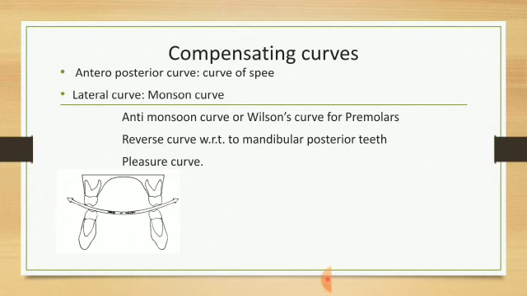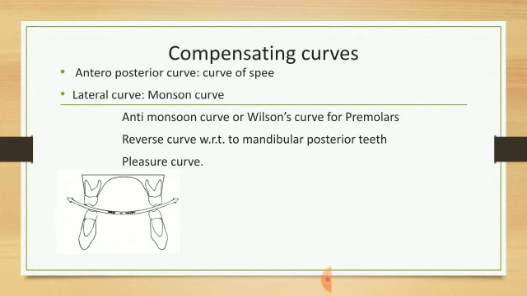Next we have compensating curves. Among that we have the anteroposterior curve, that is the curve of Spee, and lateral curves. Among lateral curves we have the Monson curve, anti-Monson curve or Wilson's curve, the reverse curve with respect to mandibular posterior teeth, and lastly the pleasure curve. So Wilson's curve is something which is seen exclusively for premolars. Now when we do teeth setting, just remember, for maxillary premolar what we check is the buccal cusp should touch the glass plate.